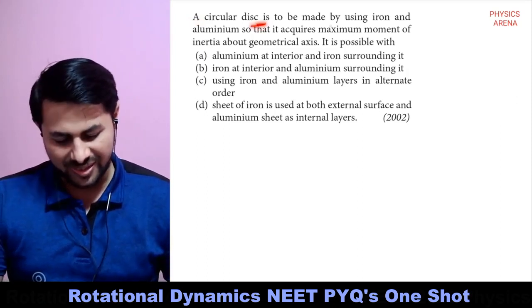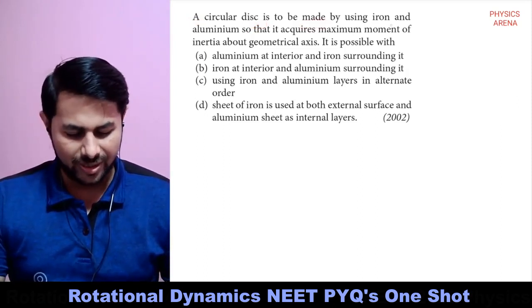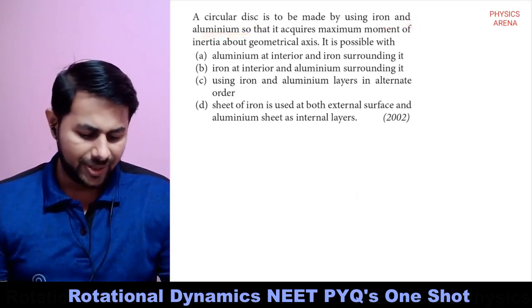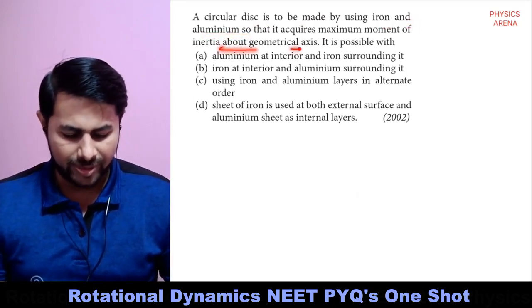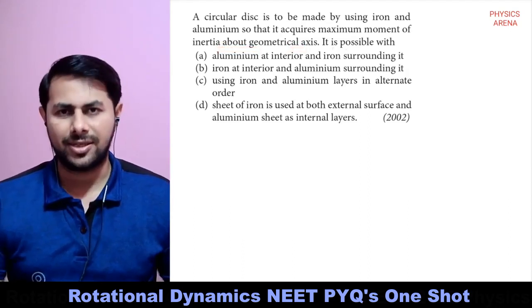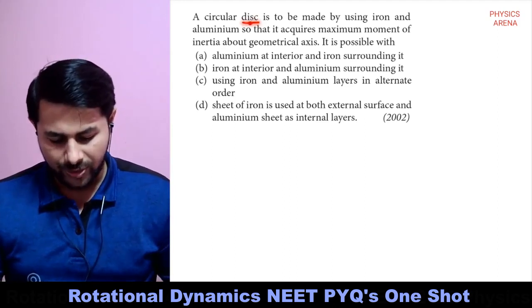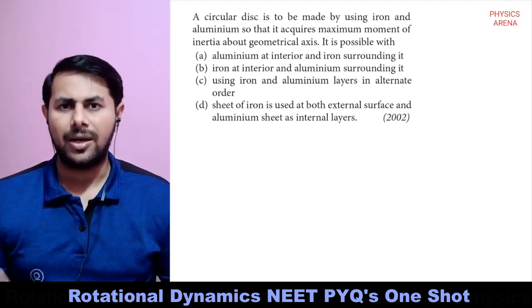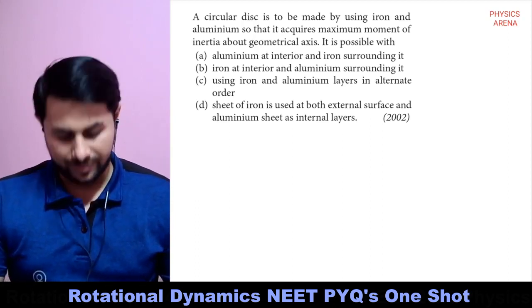Let's see this problem. A circular disc is to be made by using iron and aluminium so that it acquires maximum moment of inertia about geometrical axis. Geometrical axis meaning which axis? The natural axis. Okay, so for a disc, it is an axis which is perpendicular to the plane, as we have seen, and passing through its center of mass.